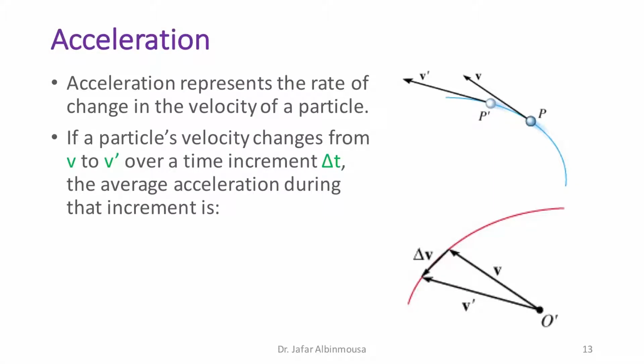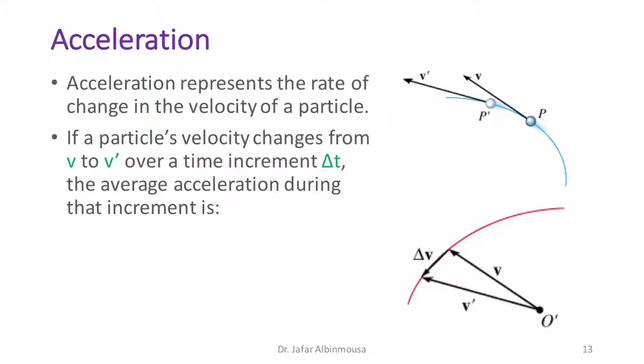The acceleration of a particle moving along a curved path is not different from that on a straight, rectilinear path. It is the rate of change of the velocity with respect to time.